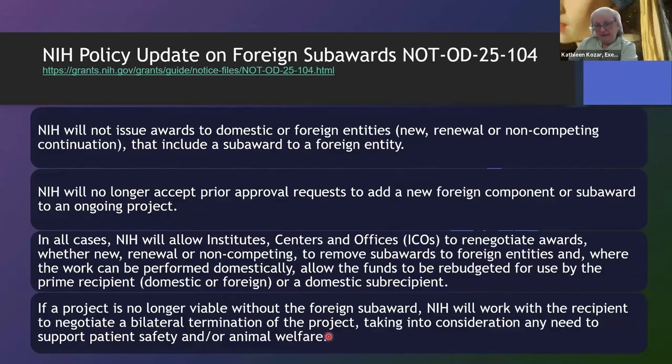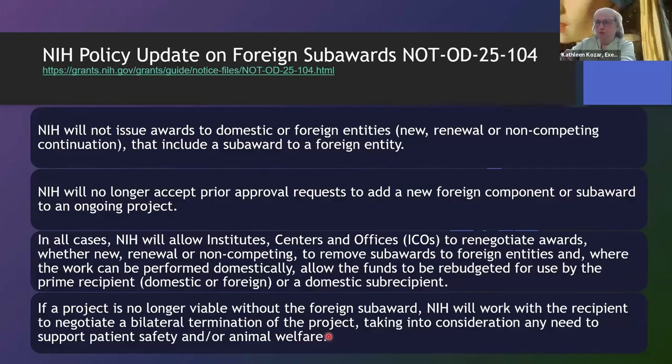And there is a possibility that starting in October of this year, they plan to set up a process where Tulane could submit a proposal to NIH, and the foreign entity could submit a proposal to NIH. The two would be linked as a project.